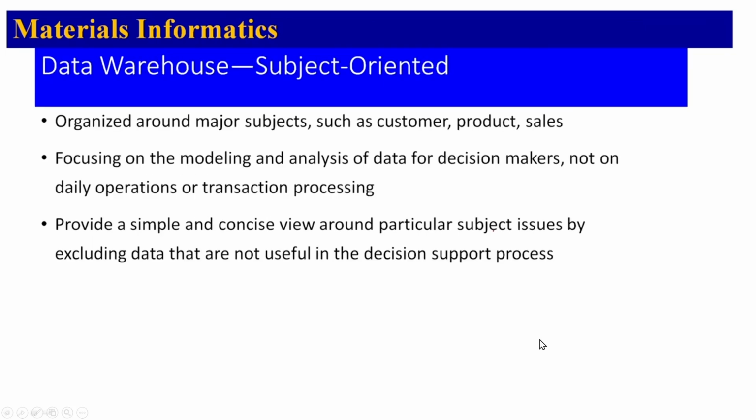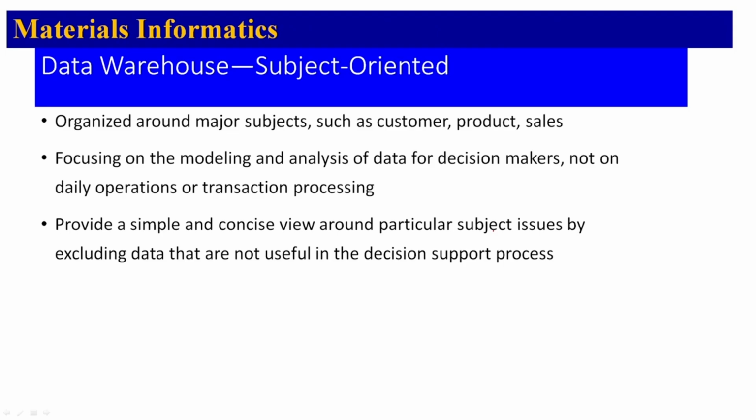So, let us spend a couple of minutes on data warehouses. Data warehouses must be subject oriented, it cannot be a mix of everything, otherwise it is not going to work. That means it must be organized around major subjects like physics, chemistry, biology, material science, engineering, or it can also be product based, customer based, sales based, right. It must be subject specific.